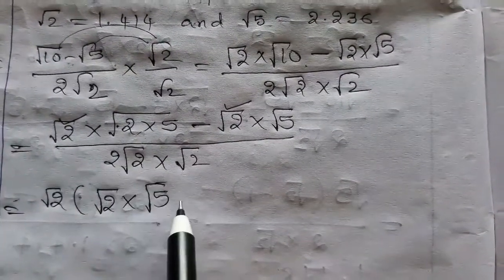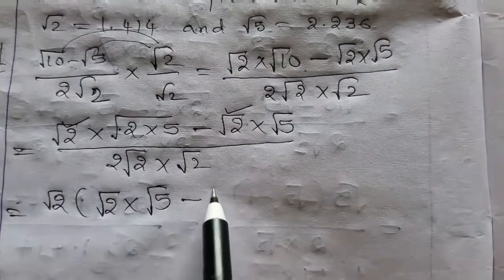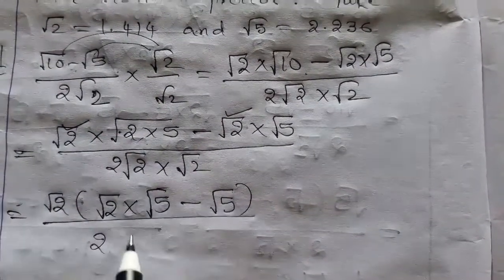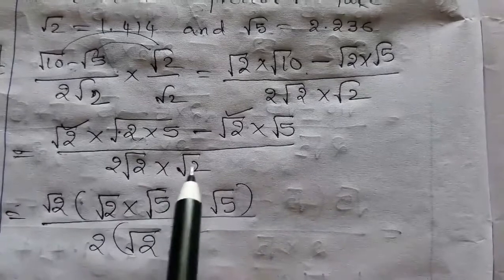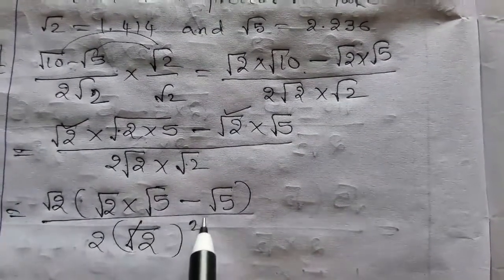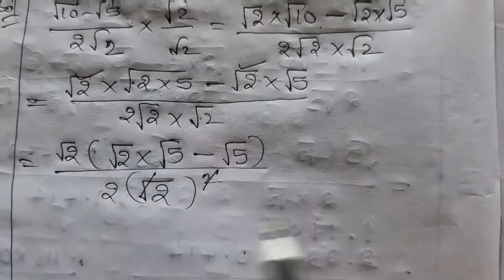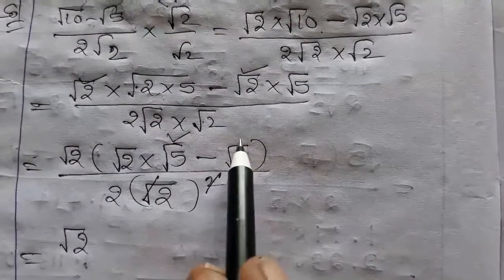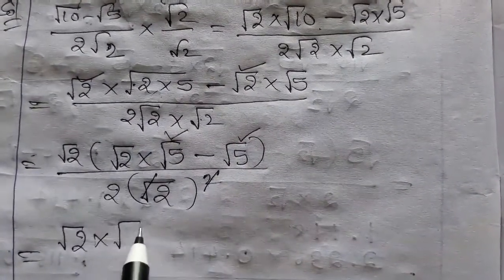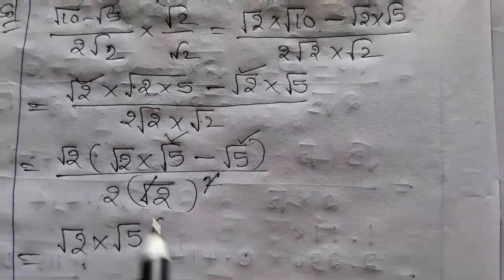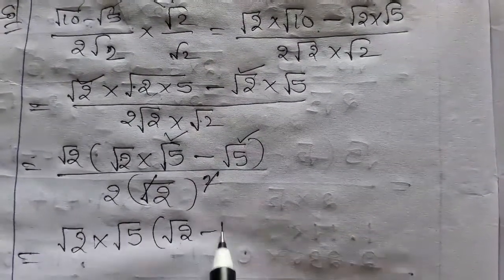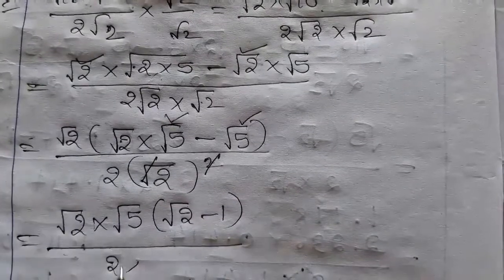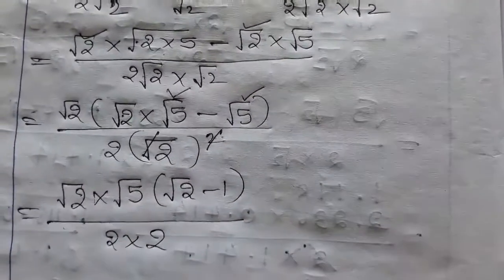Minus root 5 by 2 root 2 whole square. This root square cancels. Now that equals root 2 bring root 5 common, so root 5 times (root 2 minus 1 by 2 into 2), the root squares cancel, so 2 into 2.